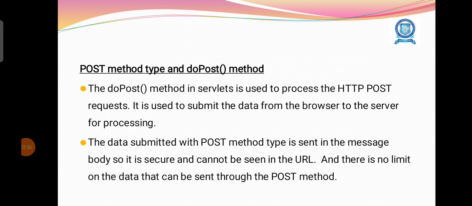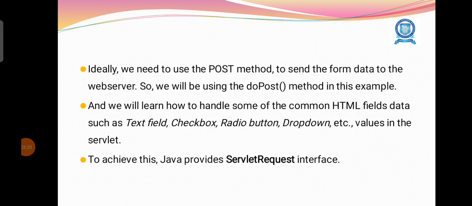Post method type and doPost method. The doPost method in servlets is used to process the HTTP post request. It is used to submit the data from the browser to the server for processing. The data submitted with post method type is sent in the message body, so it is secure and cannot be seen in the URL, and there is no limit on the data that can be sent through the post method.